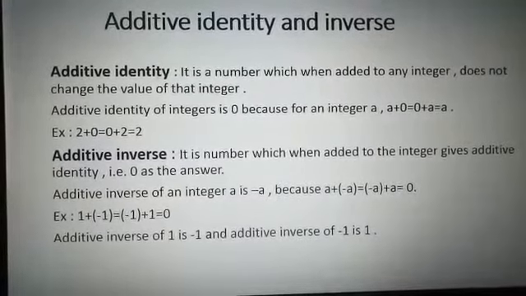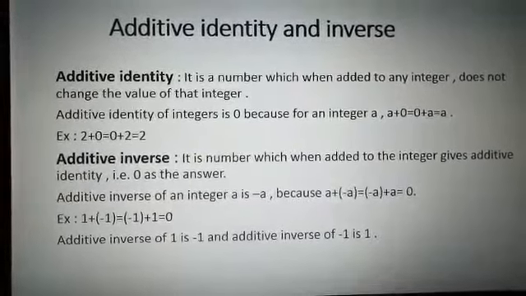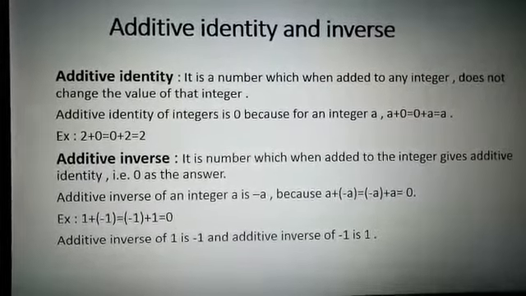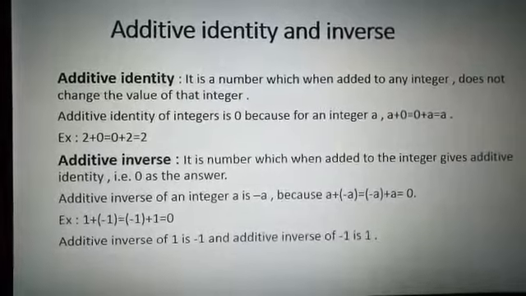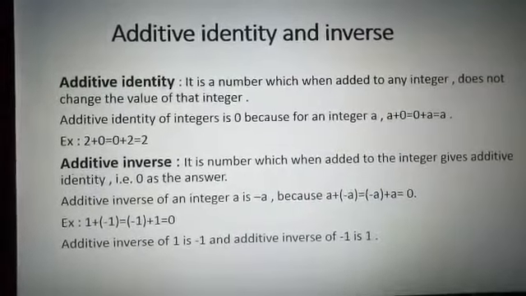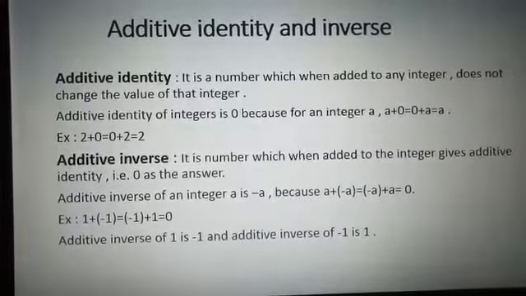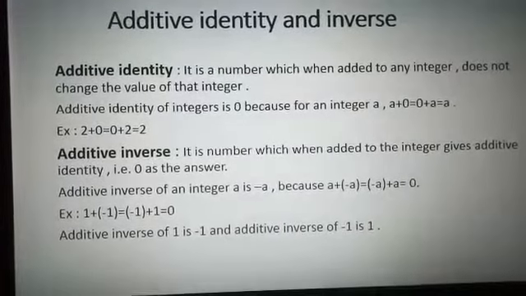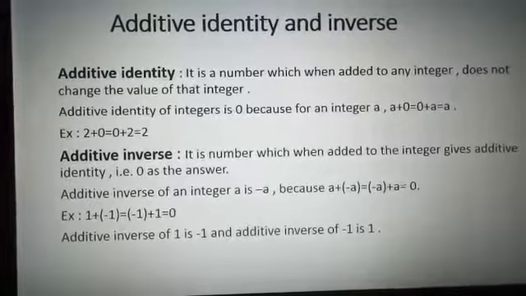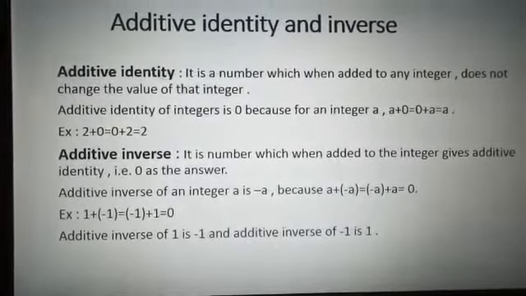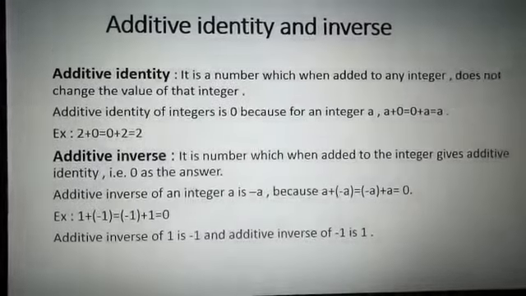So additive identity of integers is 0. Why? Because for any integer a, if we add 0 to that number, you will get the number itself as it is. For example, if we add 0 to 2, you will get the answer 2 as it is.